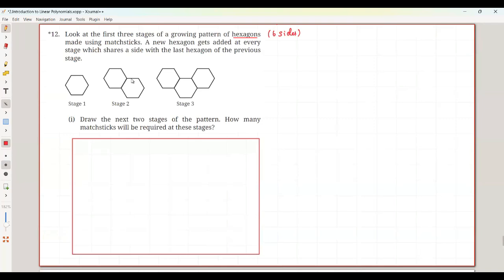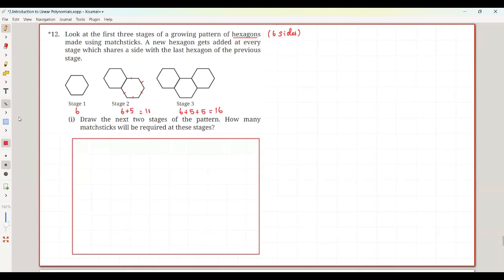Up to here is 6, so here 1, 2, 3, 4, 5 sides are extra. So 6 plus 5, and here it will be 6 plus 5 plus again 5. So the pattern is going like this, and we have to draw the next 2 stages. Now this is the pattern: 6, 11, 16.